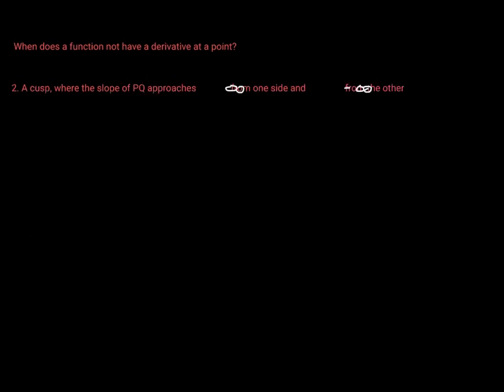Another case where a function will not be differentiable is at something called a cusp. This is where the slope of PQ approaches infinity from one side and negative infinity from the other side. So let me see if I can show you. This would be an example of a cusp. Notice how the secant lines behave as we allow Q to approach P from the left.